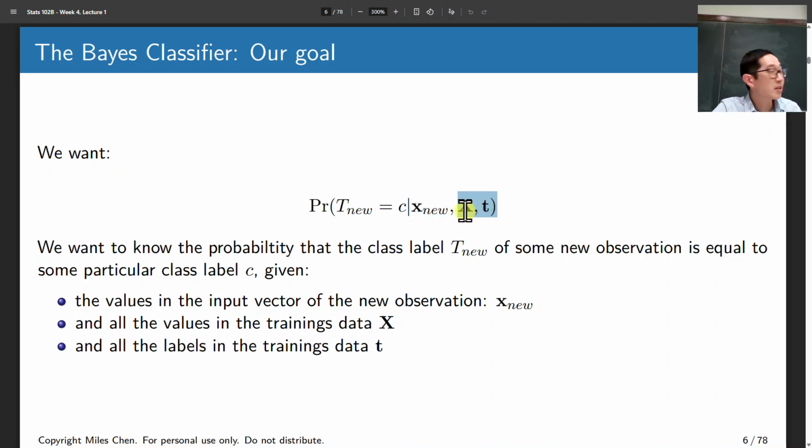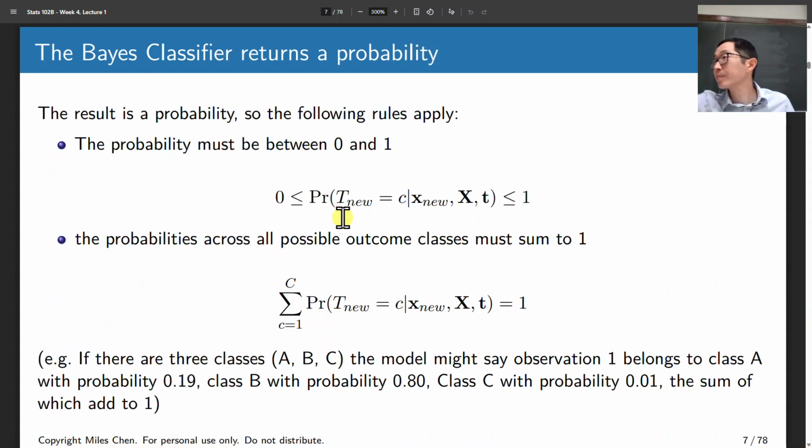This big X and T represents all of our training observations, our training values X and our training labels T. Basically we want to know, if we're shown the new values of X in our new observation, what is the probability that it belongs to a particular class?